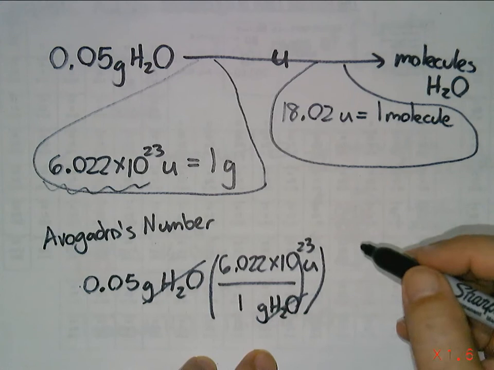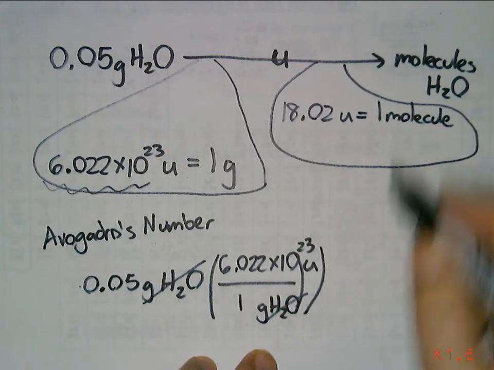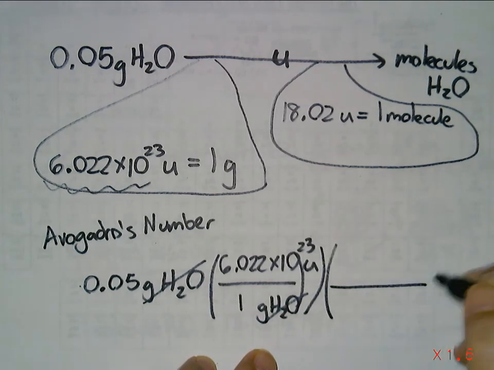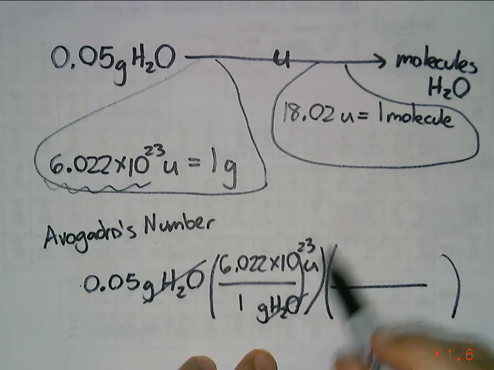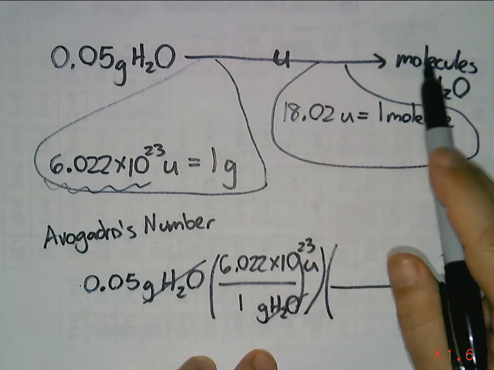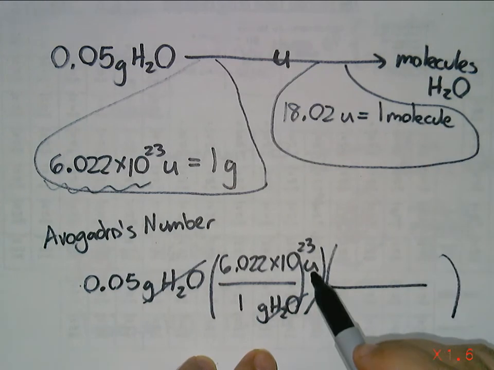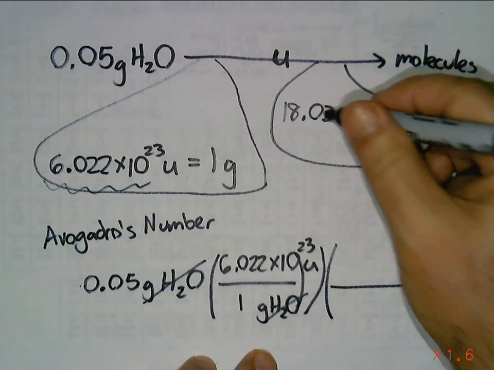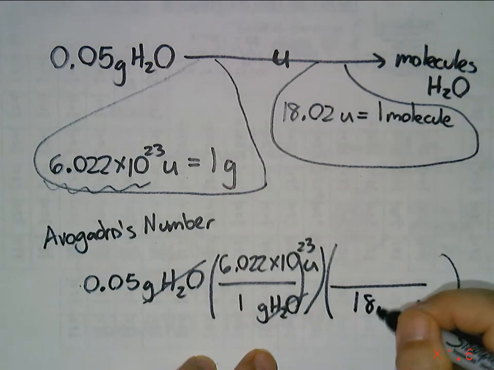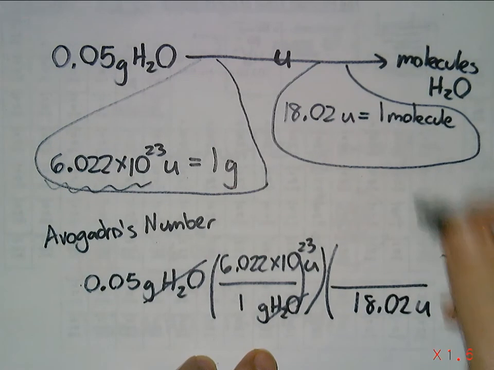But now I have U. I'm trying to get to molecules, so I have to use this link. Where does the U go? I need to get rid of the U to get to molecules. So I have got to cancel out that U. It has to go down here. And this is where the 18.02 is going to go, right next to that.